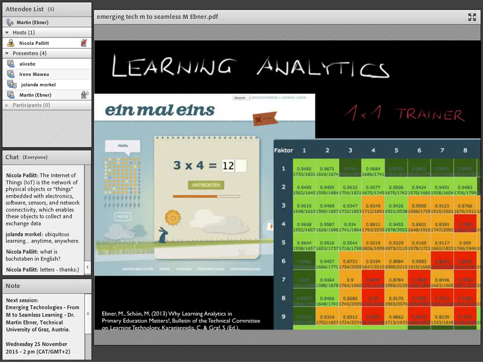And if you see, for example, that the child in the last row has a problem with, I don't know, 5 times 5, then you can ask exactly this child where he is having problems and so on. And that is what we are thinking about: what can learning analytics do for teachers to improve the teaching, because it's just not possible to make this list for every student by hand. And here technology is simply helping by carrying out this data.